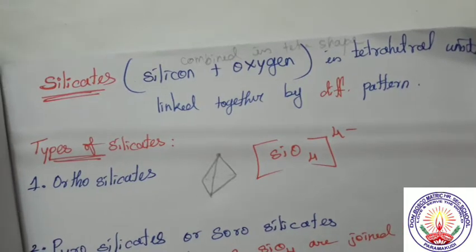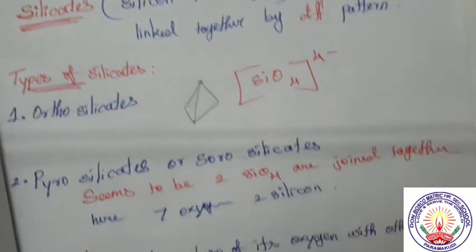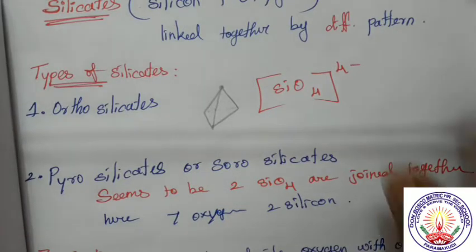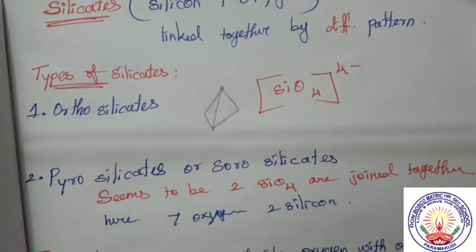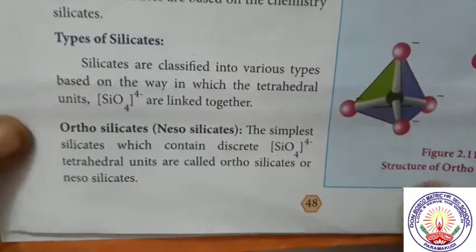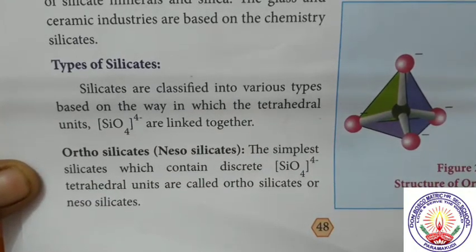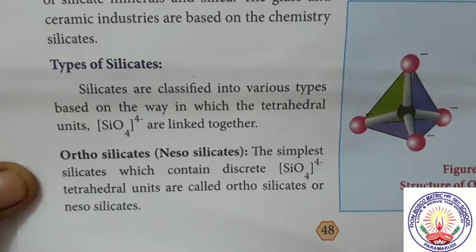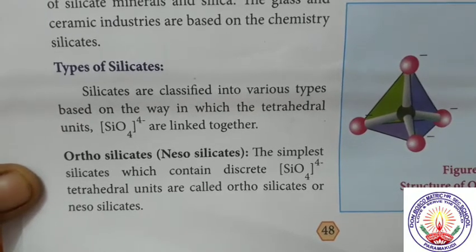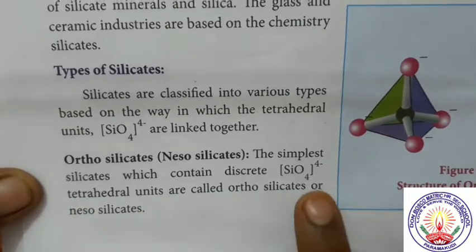There are three types of patterns we can see, that is types of silicates. The first one is orthosilicates, also called nesosilicates. This is the simplest silicate, having one silicon and 4 oxygen.